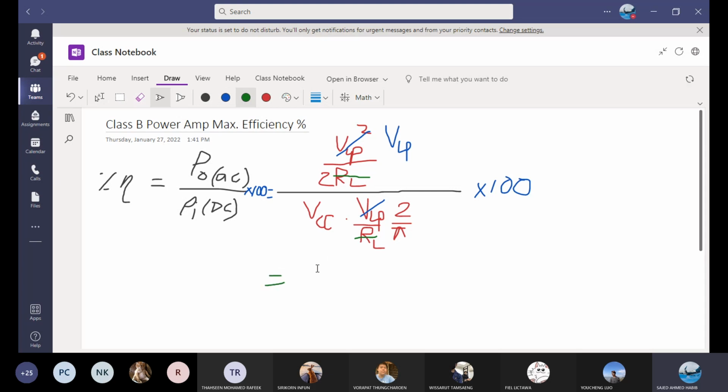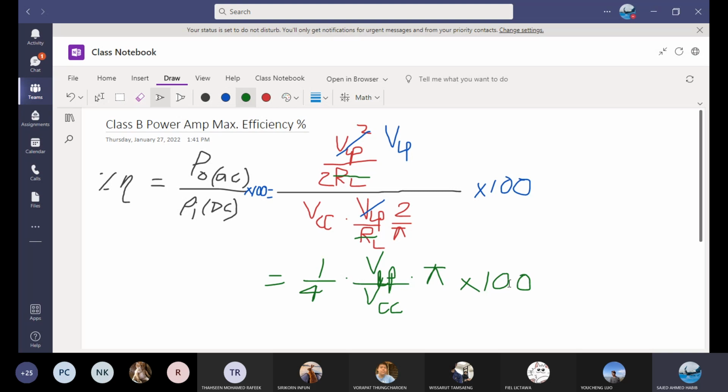The equation is reduced to this format. If you do it properly, it is 1 over 4, and then you will get VL peak divided by VCC, and pi goes on top, multiplied by 100.